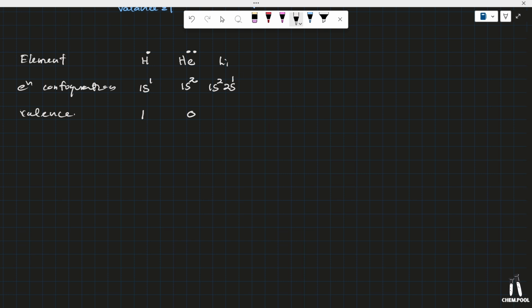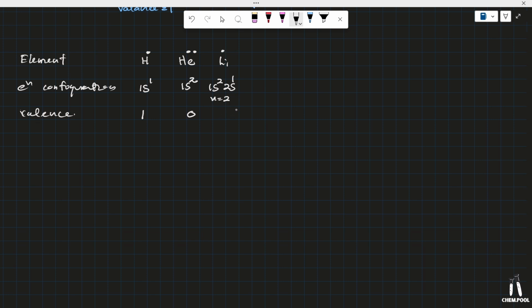Then for lithium, you know the electron configuration 1s2 2s1. From which orbital does lithium provide the electrons? That means the outermost energy level, the energy level situated farthest from the nucleus. Here n equals 2, and in the outermost energy level you can see only 1 electron.